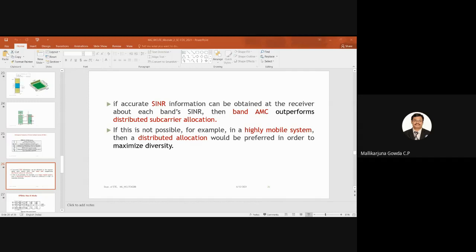If that is not possible, in the case of a highly mobile system, the distributed allocation is preferred to maximize the diversity.